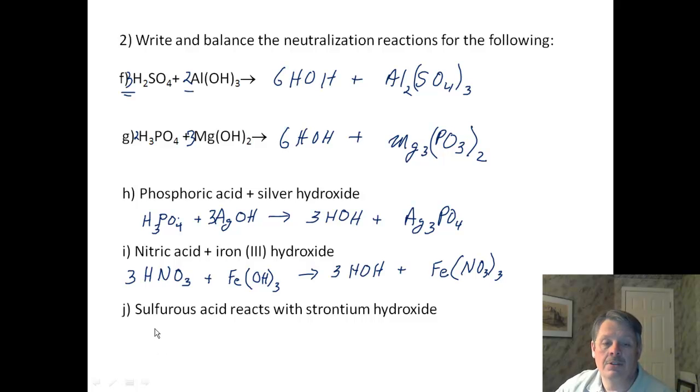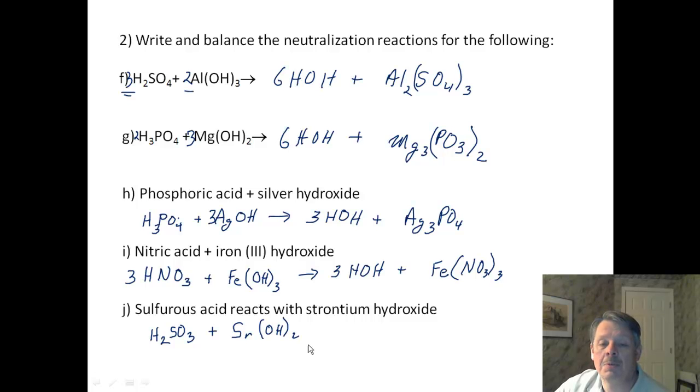All right, sulfurous acid. Sulfurous is hydrogen sulfite. So that's HSO3, and SO3, like SO4 and like S, all have a -2 charge, so I need 2 hydrogens. It reacts with strontium, and strontium is in group 2, so it is a +2 charge.